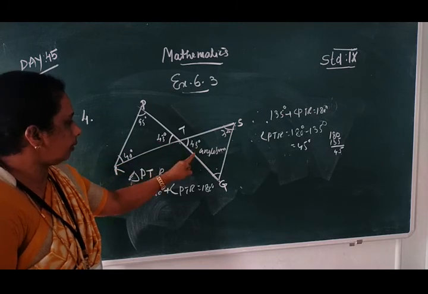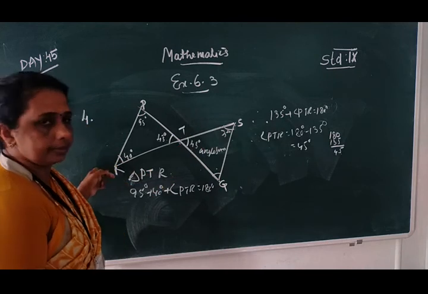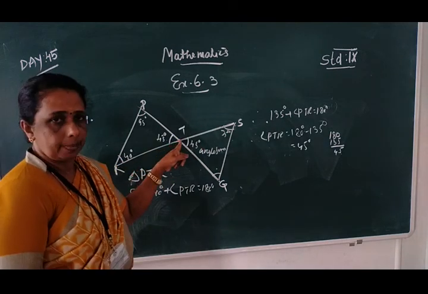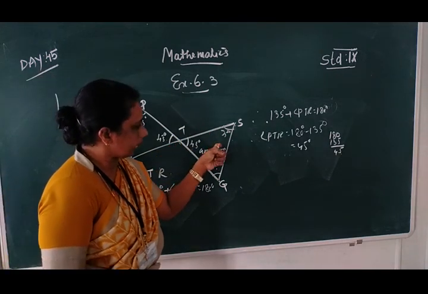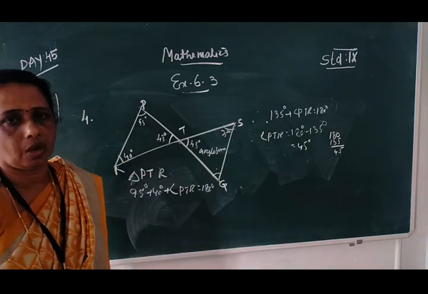These two angles are equal because they are vertically opposite angles, as the two lines intersect at the point T. Then from the angles of this triangle, you will get angle SQT.